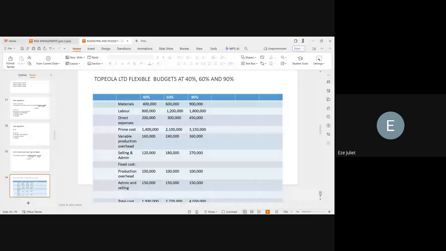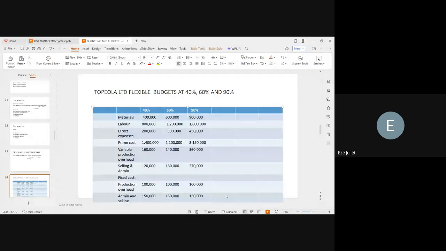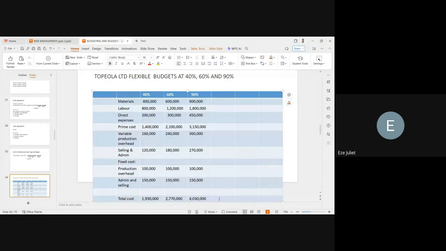The markup is 772,000. When you add that 772,000 to 1,930,000, your expected revenue is what you will get: 2,702,000. That will be your sales revenue, what you expect to get.